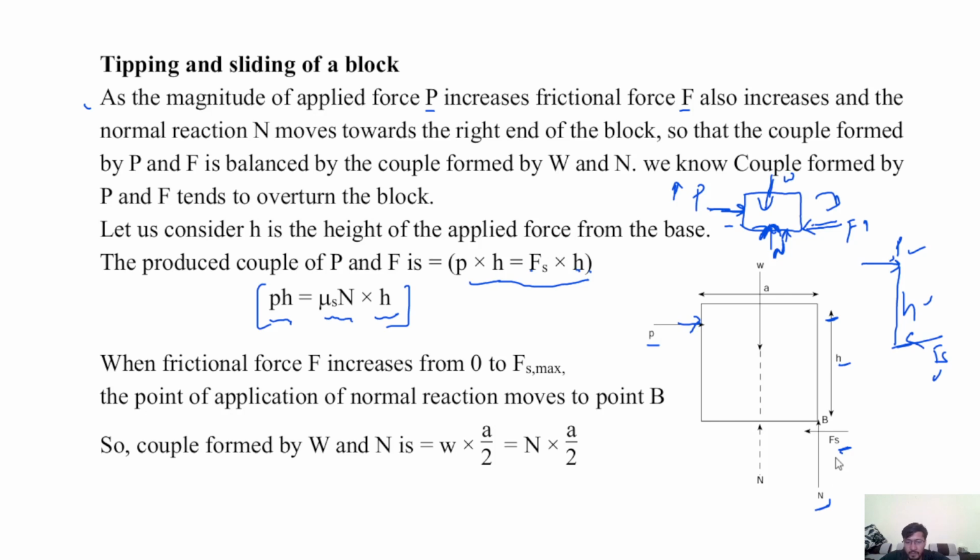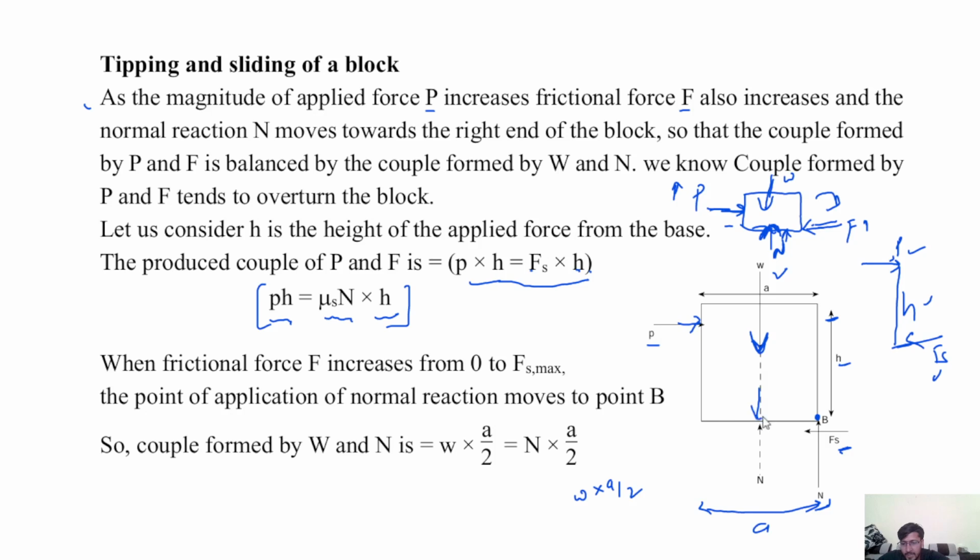So the couple formed by W and N is: W is acting vertically downward, and a is the base of this body. W acts at the centroid of this body, means at point B the magnitude of couple is W into a by 2.